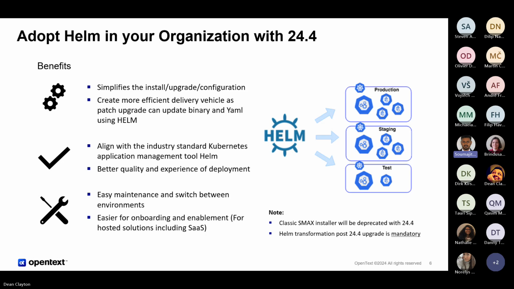Right, so with 24.2, we made the first attempt to standardize our installation process. And what we have chosen is one of the industry standards to make sure that we align to our cloud native foundation of using a release vehicle that is more efficient, more industry standard, and simplifies your installation and upgrade process.